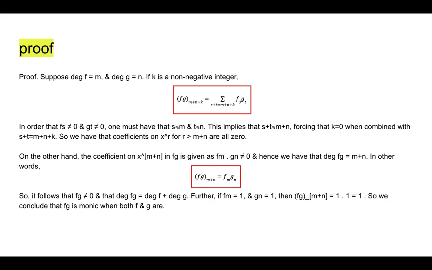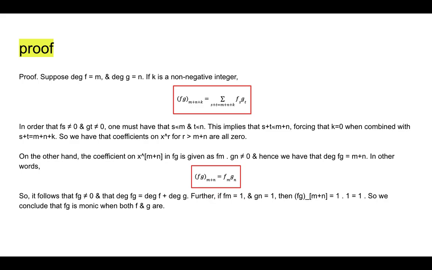If fm and gn are non-zero, that means that fmgn is non-zero, and that means that at least one of the powers of x, namely x to the power m plus n, has a non-zero coefficient, and so fg is non-zero. Further, we can write that the degree of fg equals the sum of the degrees of f and g, as already established.